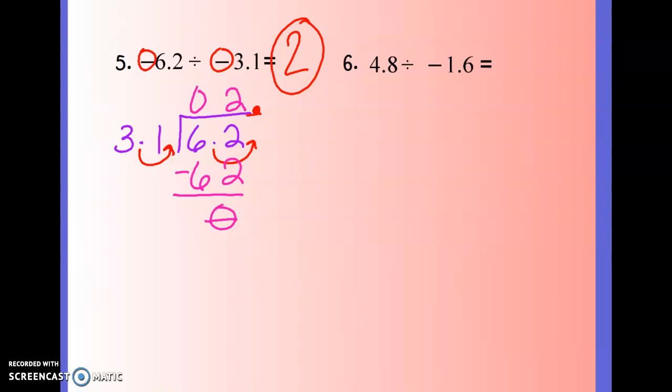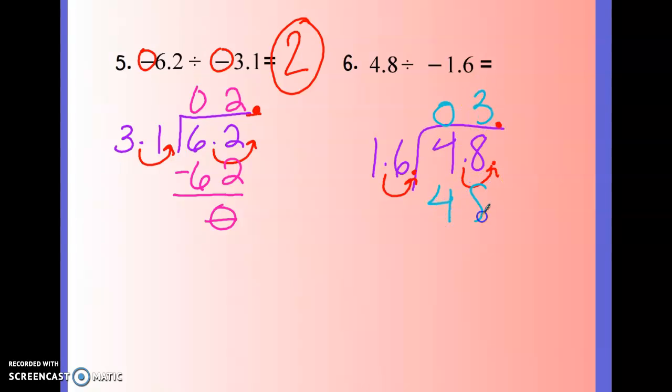Okay, another example, 4 8/10 divided by negative 1 6/10. You see how I'm just ignoring my signs until I get finished. So that's what you need to do too. Make it a whole number, moves one place. This one also moves one place, carry it up. Then I start dividing. 16 can't go into 4. 16 goes into 48 3 times. 3 times 16 is 48, which leaves me with nothing.